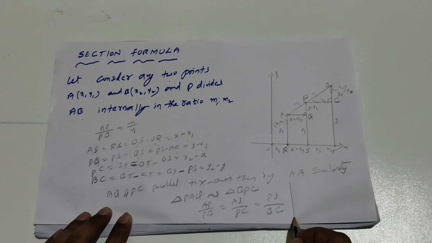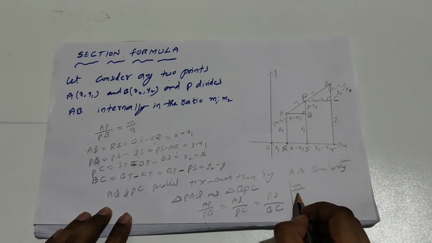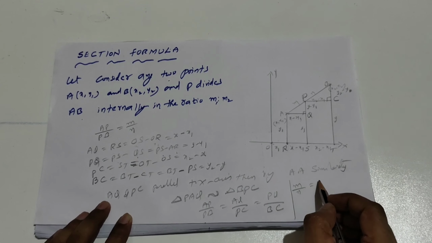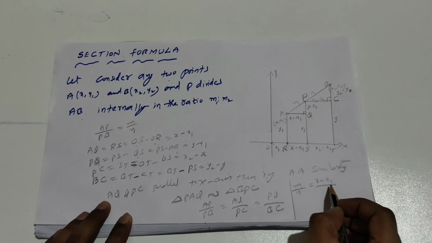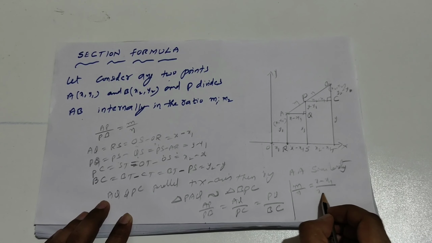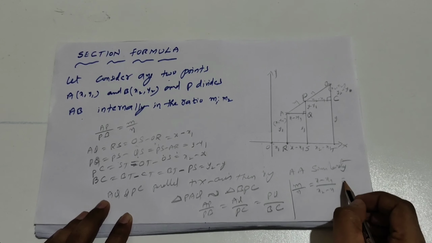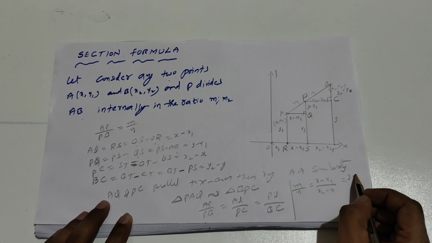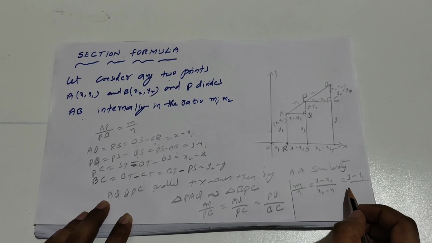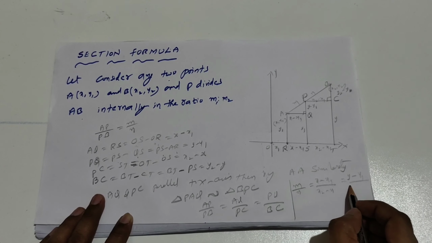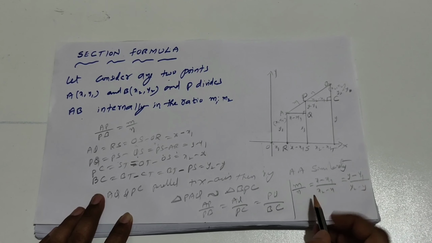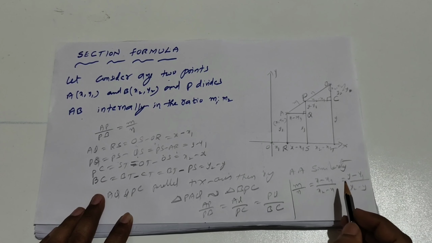Then we get m by n equal to AQ, which is x minus x1, by PC, which is x2 minus x, equal to PQ, y minus y1, by BC, y2 minus y. So we have here three equalities.